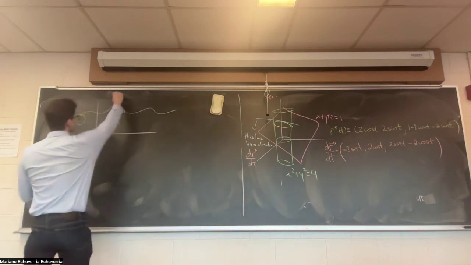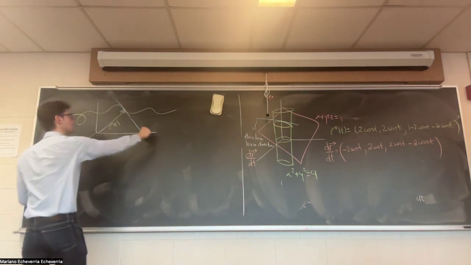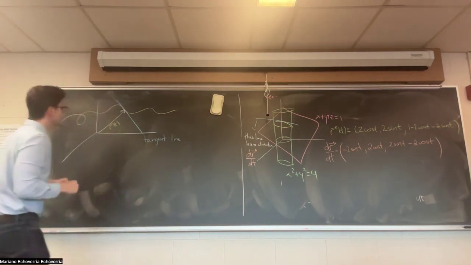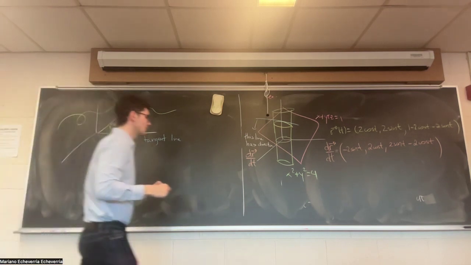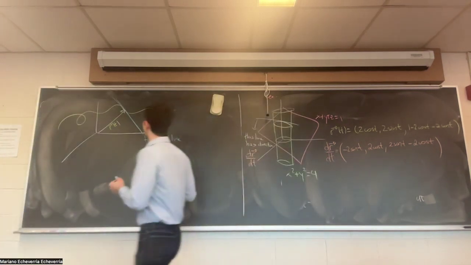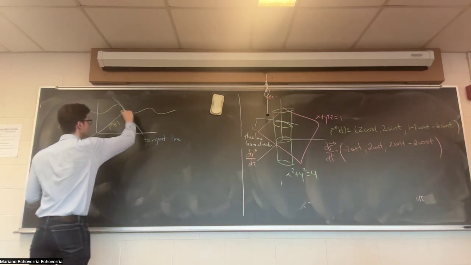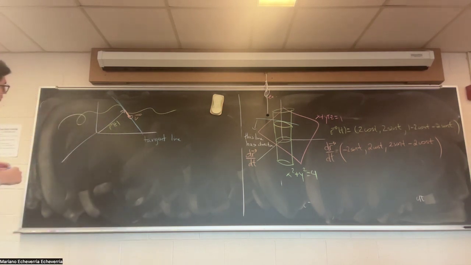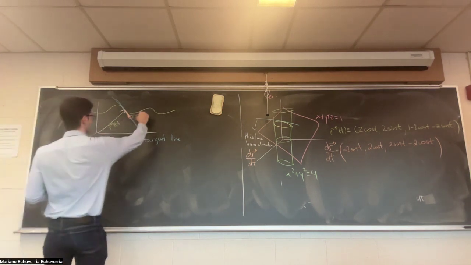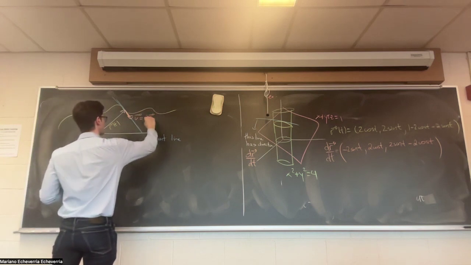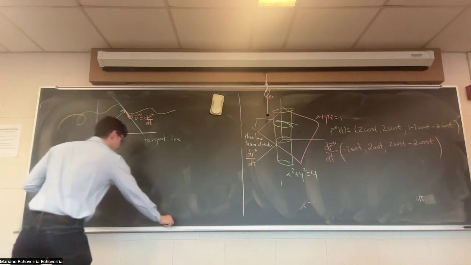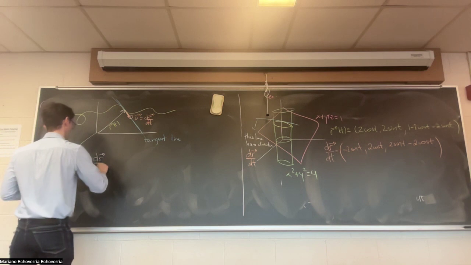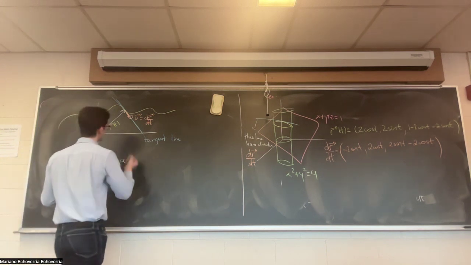So here's, for example, a tangent line. And as a tangent line, it requires a direction, right? And the direction, which is what we usually call the vector V, happens to be r'(t). So r'(t) is a vector which gives the direction of the tangent line.